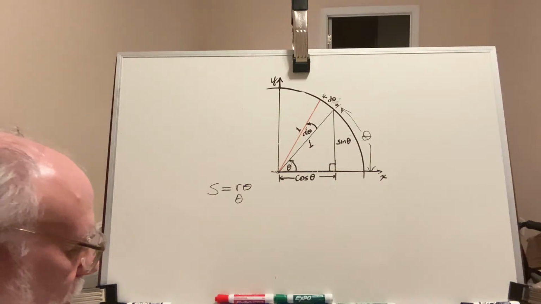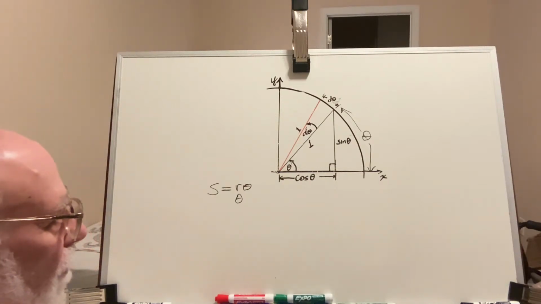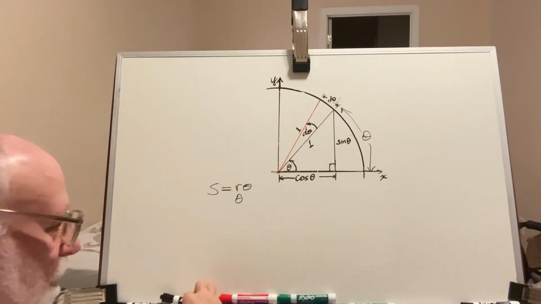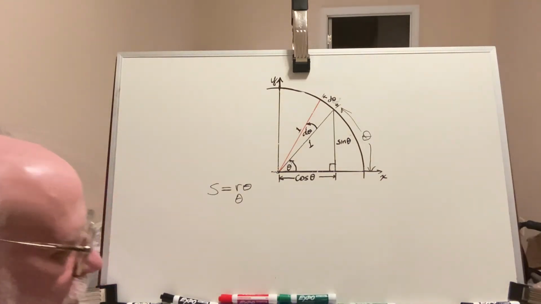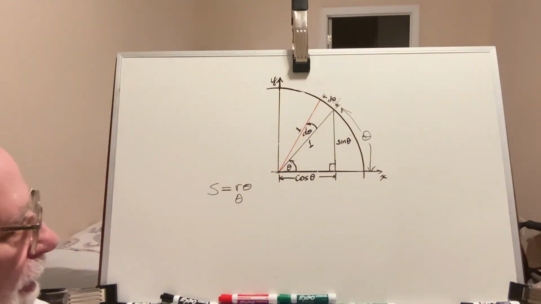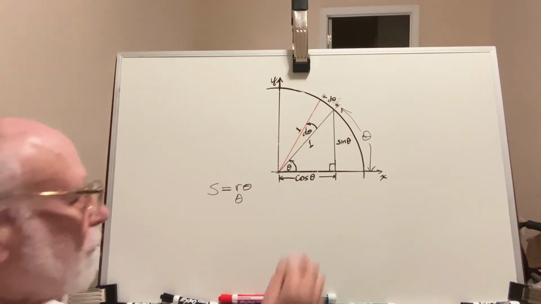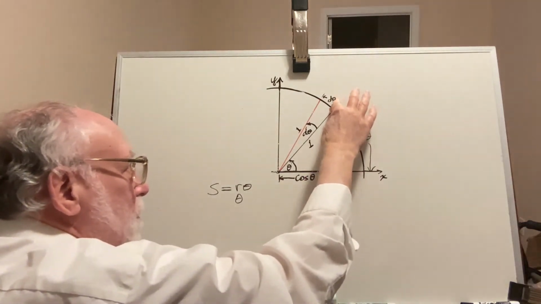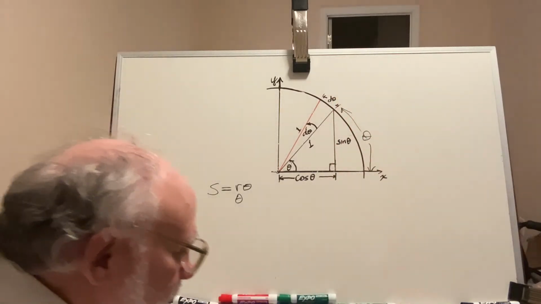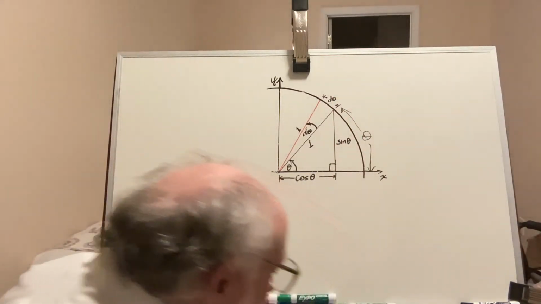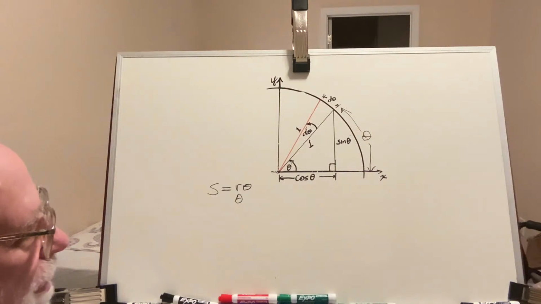Now, when we increase theta by d theta, which is an infinitesimal, it's so small that it doesn't show up on the xy plane. But each point on the xy plane contains a continuum of infinitesimals.